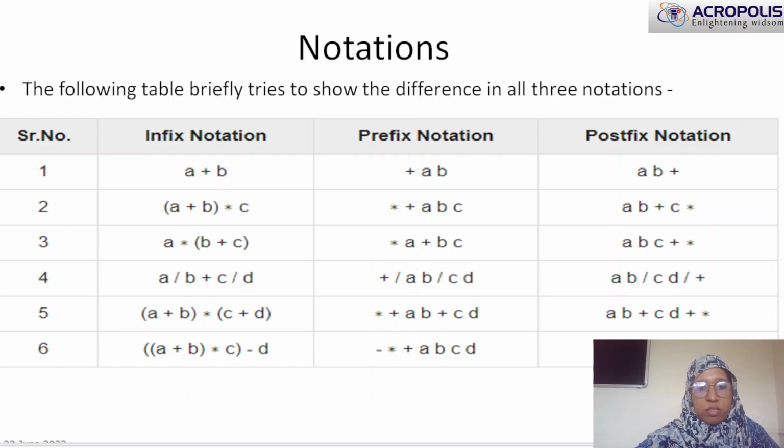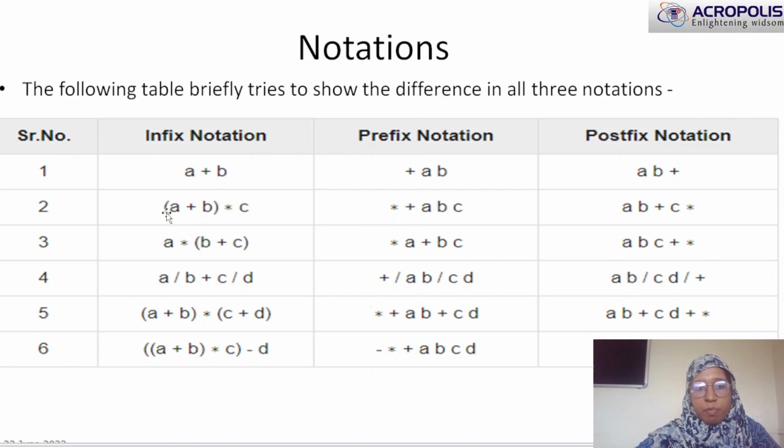Now this is the example of various notations: infix, prefix and postfix. The same A plus B can be written in prefix notation as plus AB, and in postfix notation as AB plus. In the second example, if A plus B is written in brackets, firstly you have to perform this.